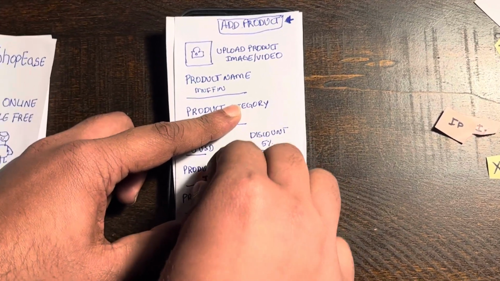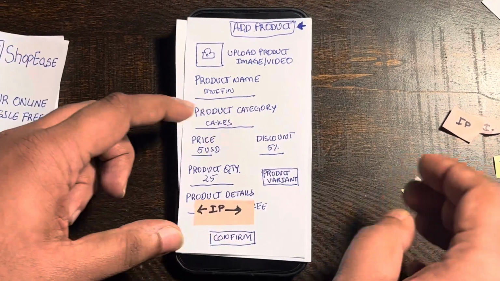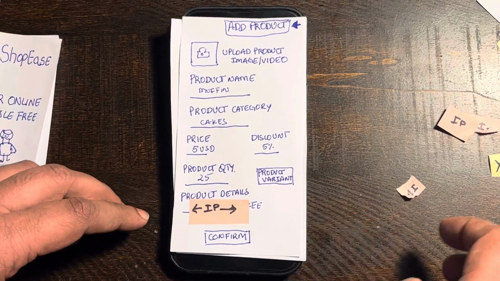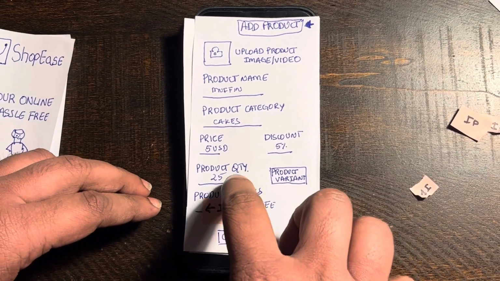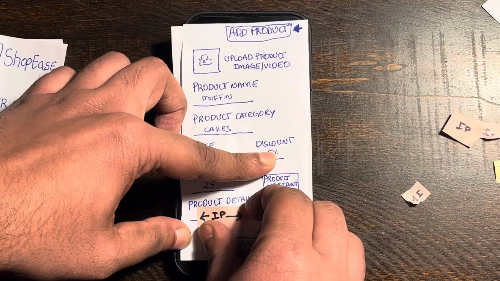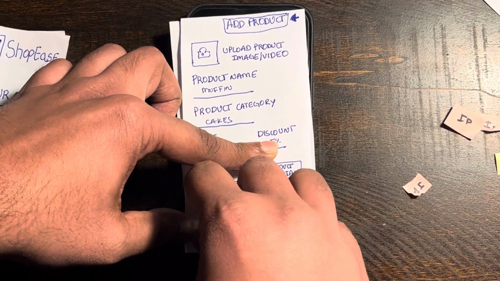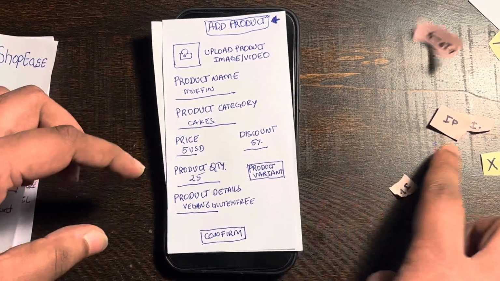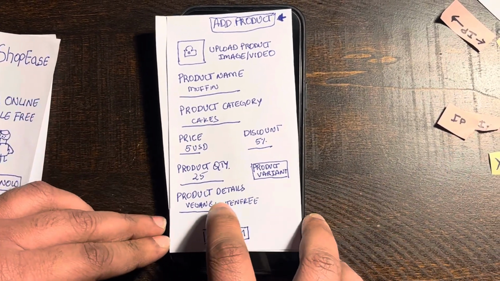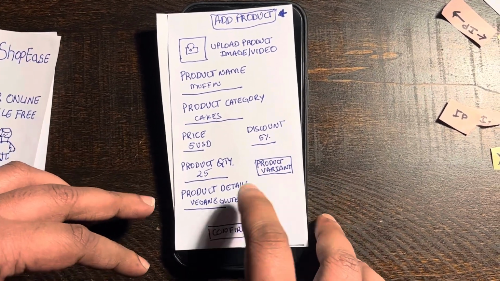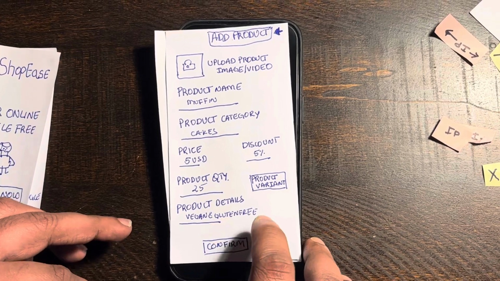This will give the users how much quantity is present for the product that he wanted to sell. This is provided over here by giving the input. And product details. In this, the user will provide the product details of the product. So in our case, for the muffin, the user has provided vegan and gluten free.